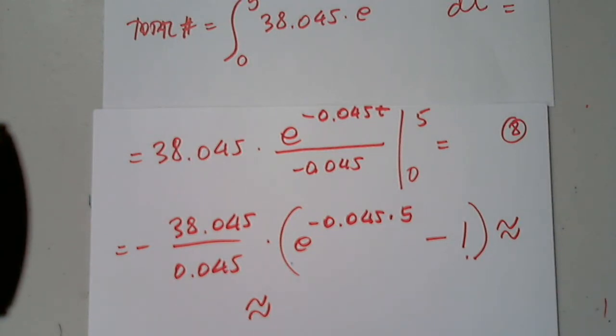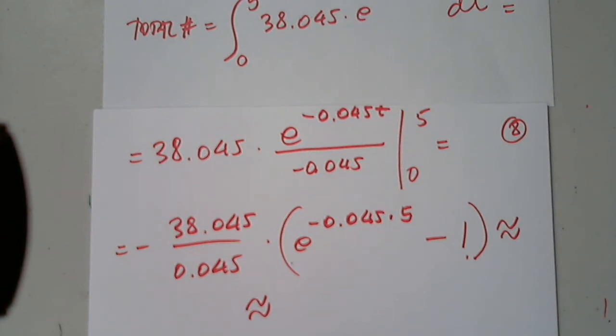The negative can stay outside, but I need parentheses. 38.045 and divide by 0.045, and close and open parenthesis e to the -0.045 times 5, close that parenthesis, and then subtract 1.